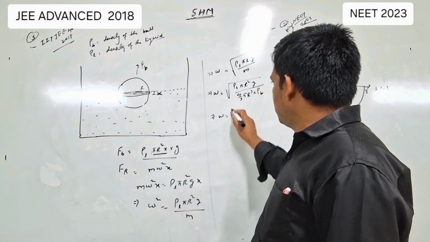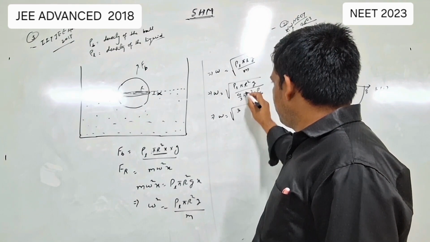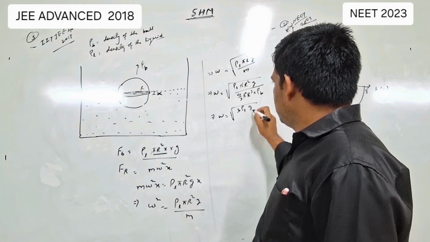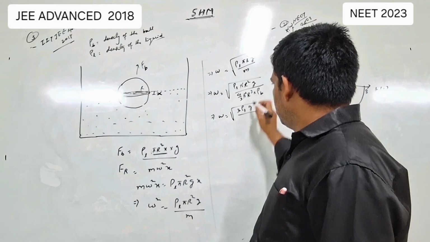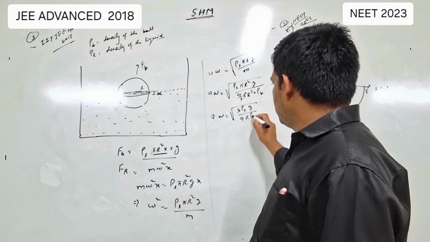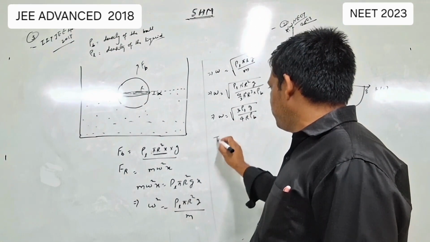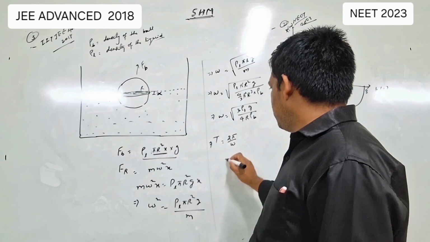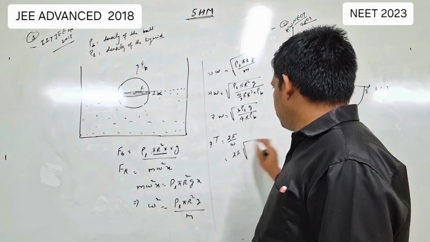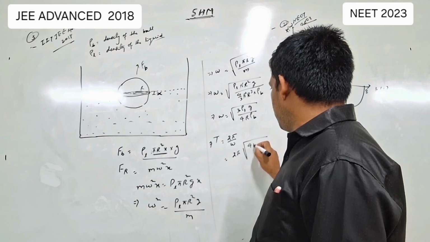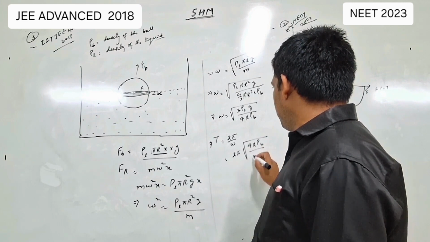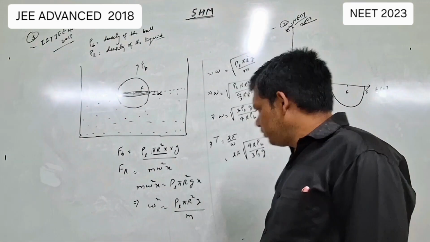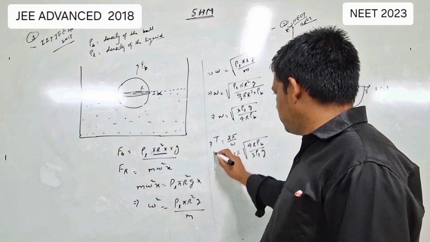Therefore, omega is equal to under root of 3 pi by, cancel pi, 3 density of the liquid g and 4r density of the ball. Therefore, the time period of oscillation is equal to 2 pi upon omega, that is 2 pi under root of 4r density of the ball upon 3 density of the liquid into g. So this is the time period.